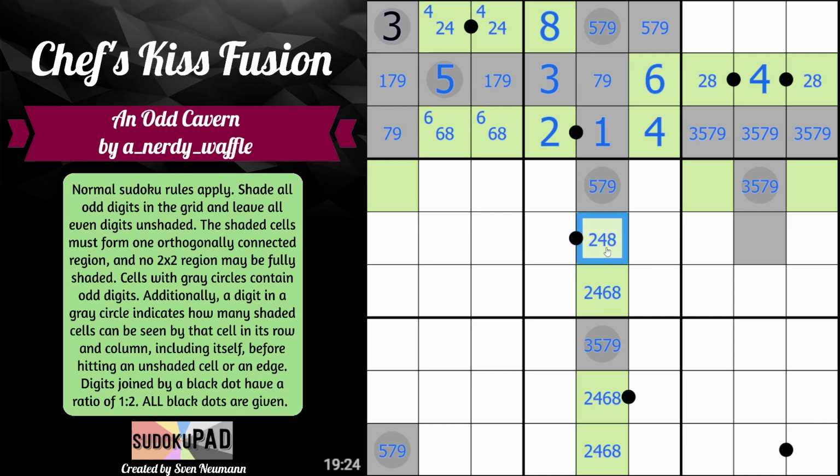Because no matter what, if this was 4, if this was 2 or 8, it wouldn't be possible. So this is actually 2 or 8, which means it's 1 or 4. All right, so this is a 1 or 4, which means it's either gray or green. We don't know. What we do know is this has to go in one of these two directions. We just don't know which direction.